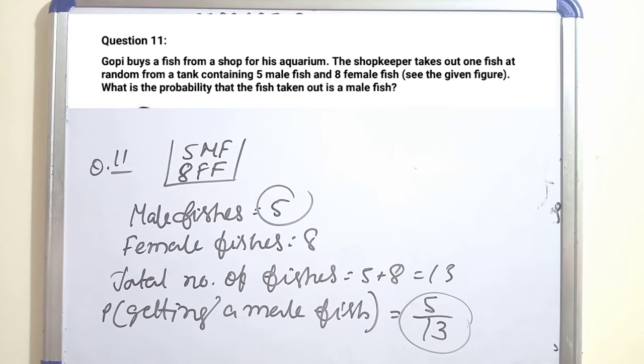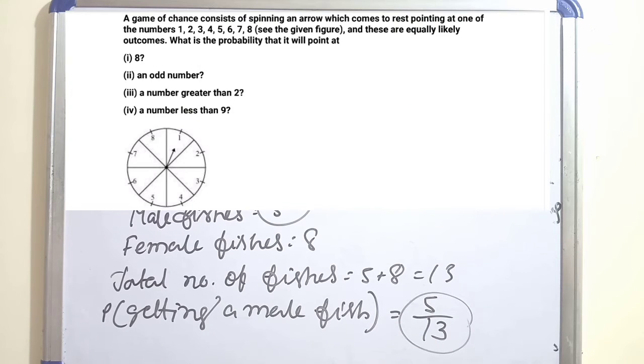Now next, question number 12. A game of chance consisting of spinning an arrow which comes to rest pointing at one of the numbers 1, 2, 3, 4, 5, 6, 7, 8, and these are equally likely outcomes. What's the probability that it will point at, first, the number 8?